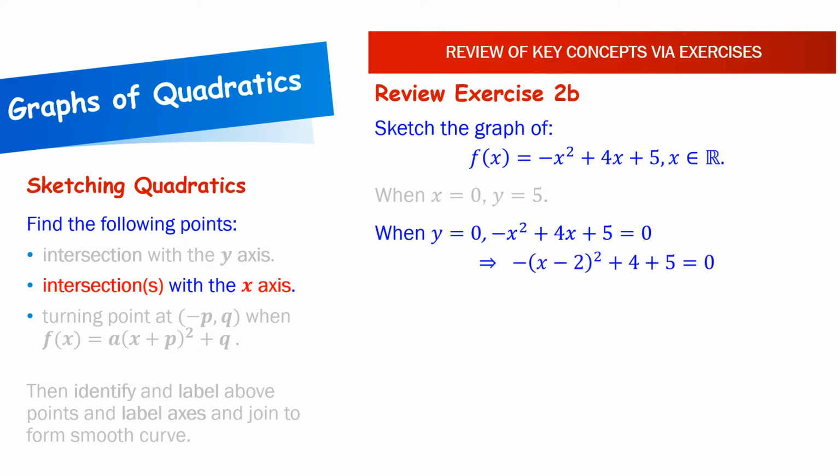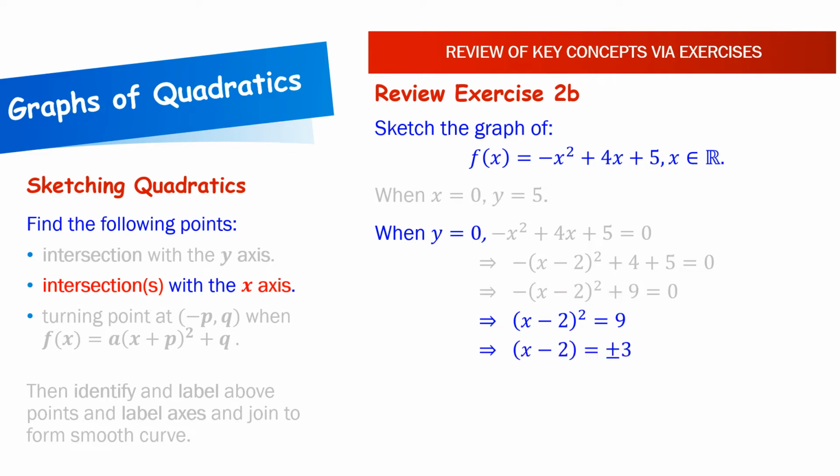Then, using the method of completing the square, as in exercise 2a, we obtain that minus x squared plus 4x plus 5 equals 0 is equivalent to minus x minus 2 all squared plus 4 plus 5 equals 0, and then tidying up, and rearranging, then square rooting, and rearranging again to give x equals 5 or x equals minus 1.